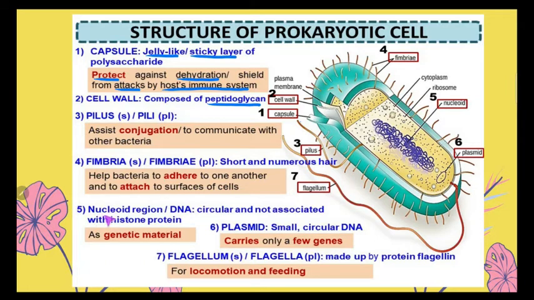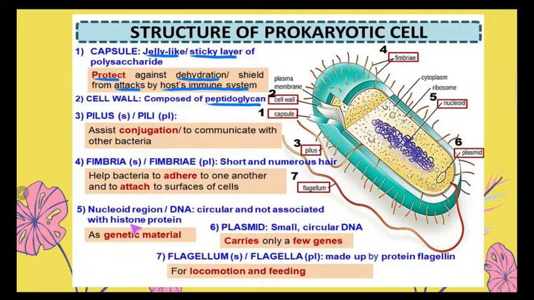Number 5 is nucleoid region. Nucleoid region can also be known as DNA. So the purple color here is the DNA. So what are the characteristics of the DNA in prokaryotic cell? So the DNA is circular and not associated with histone protein.